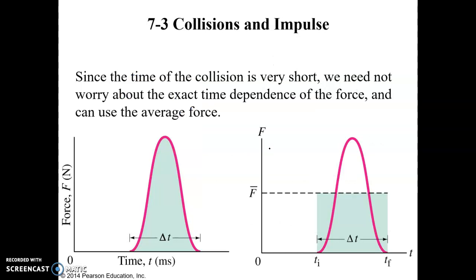Now, if we look at it technically, the force that's imparted from one object to the other starts out at 0, but it takes a little while to ramp up.